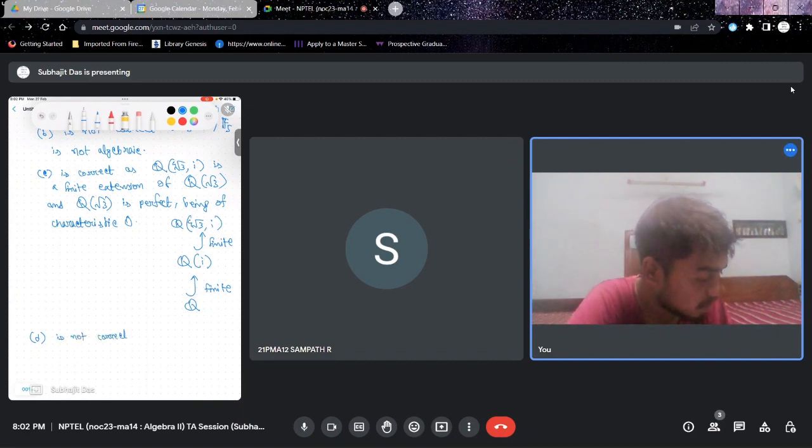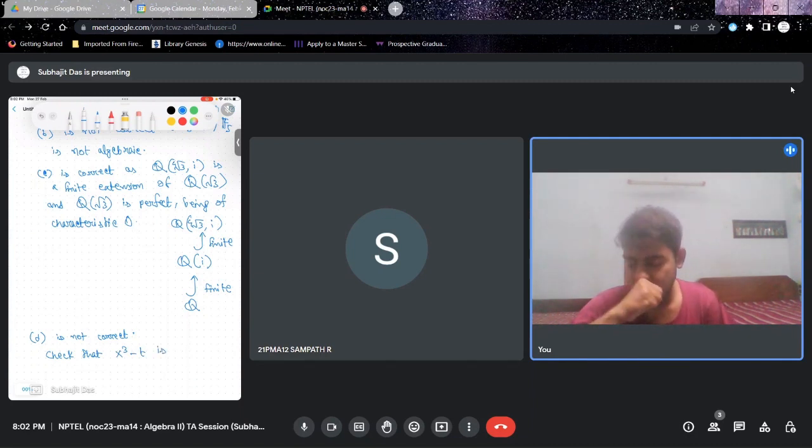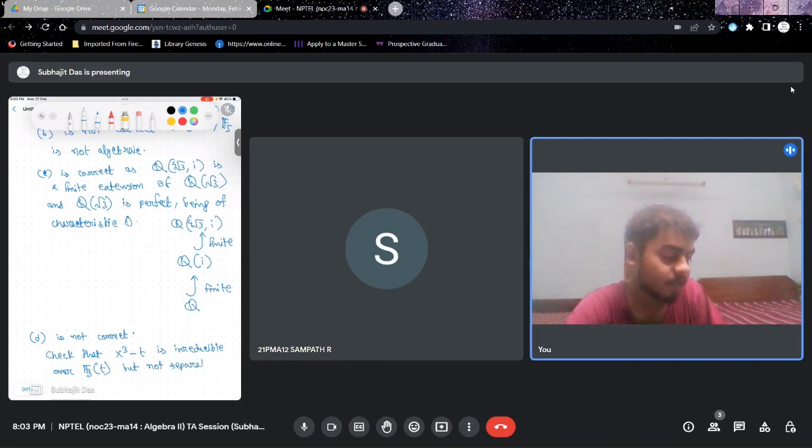To see this, check that x cube minus t is certainly irreducible over F3(t), but not separable. To check that it is not separable is very easy.